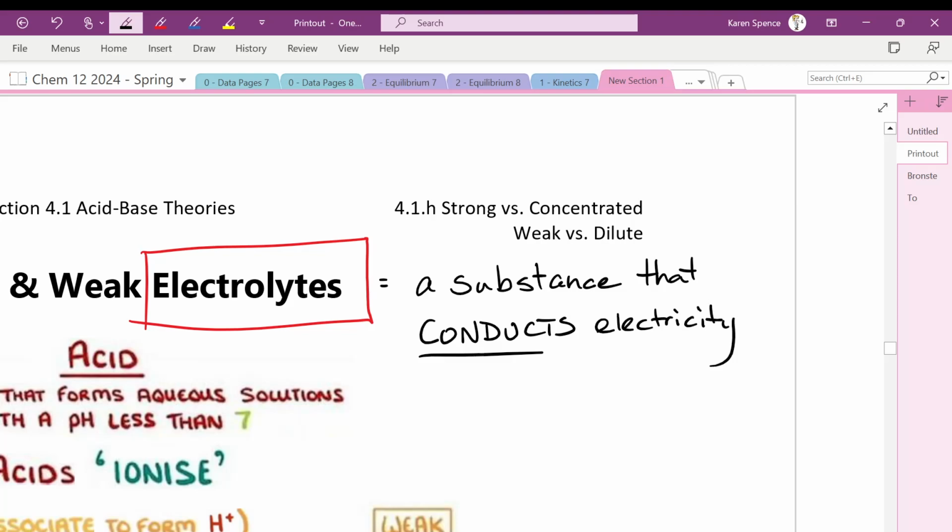And where does it conduct electricity? It conducts electricity in solution. Therefore, what must it contain? Must contain ions.